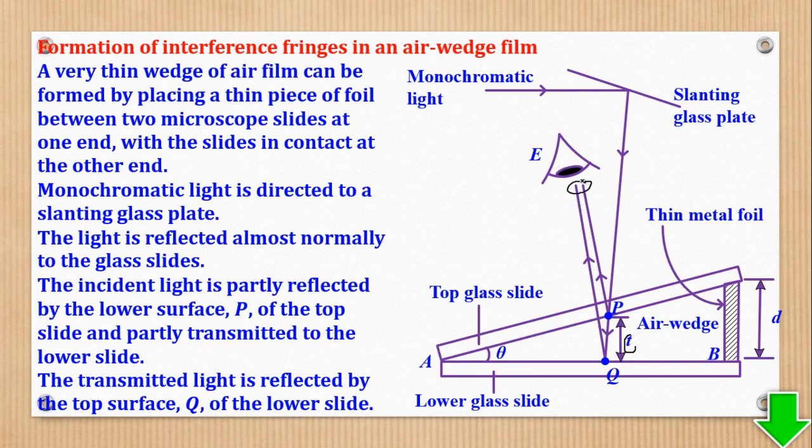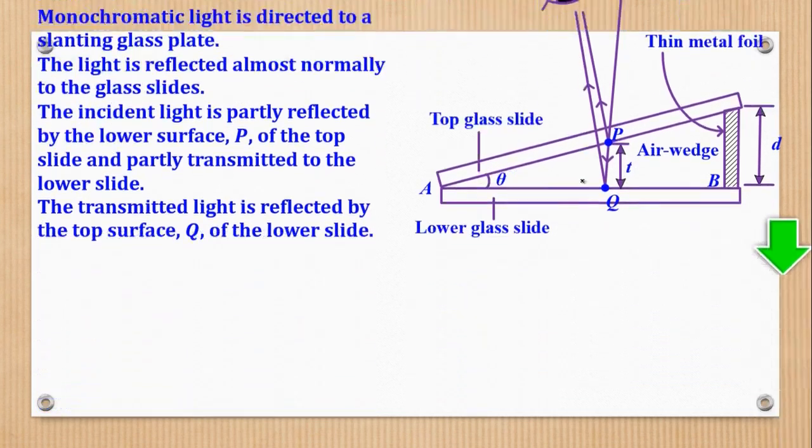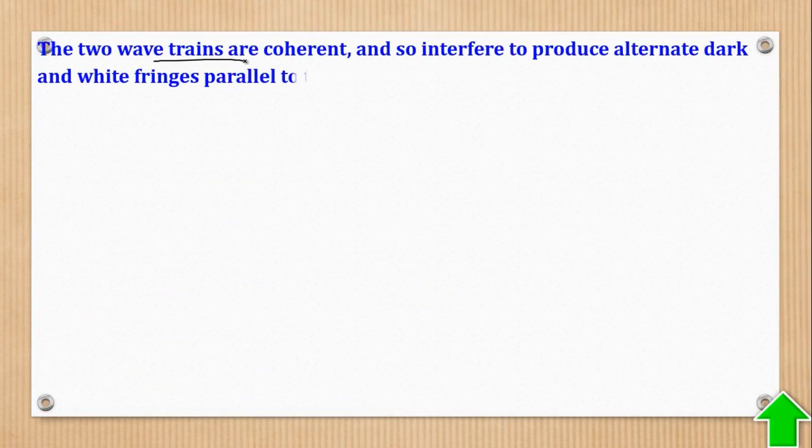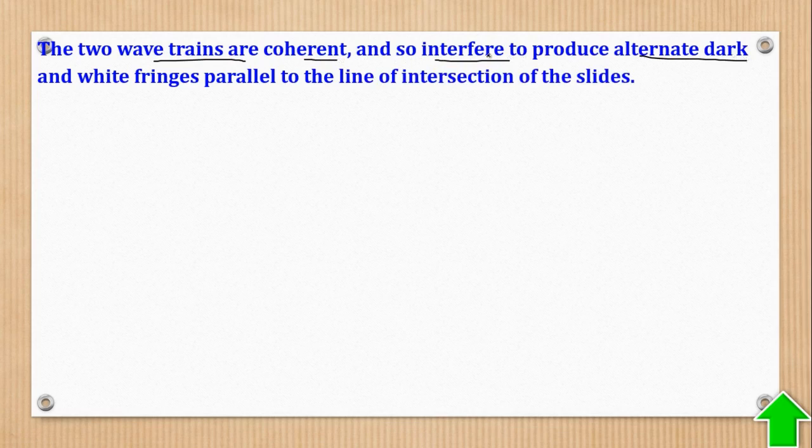So this will be the separation of this from here, T as T, and realize that now the observer receives 2 waves. So the 2 waves are coherent and so interfere to produce alternate dark and white fringes parallel to the line of intersection of the slides.